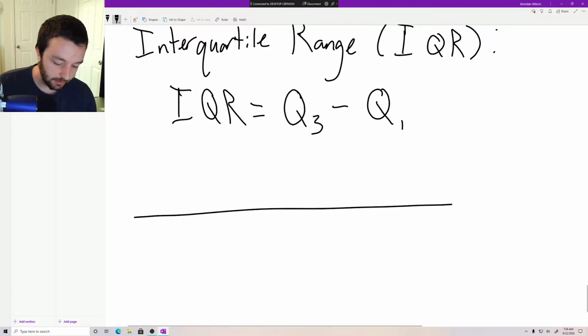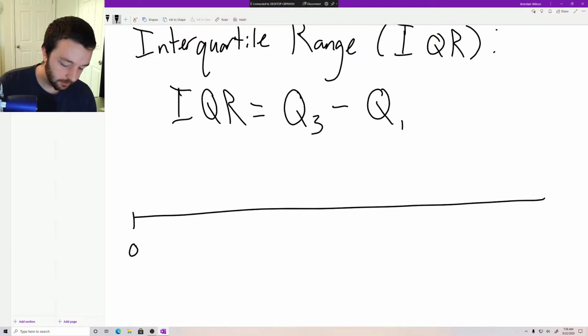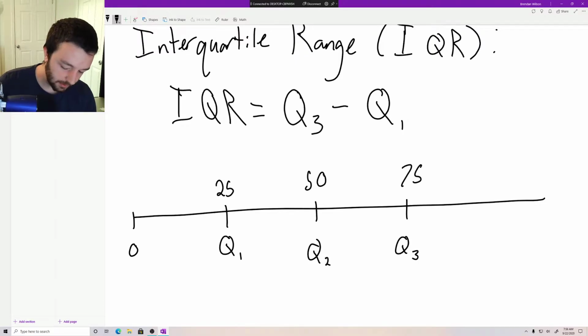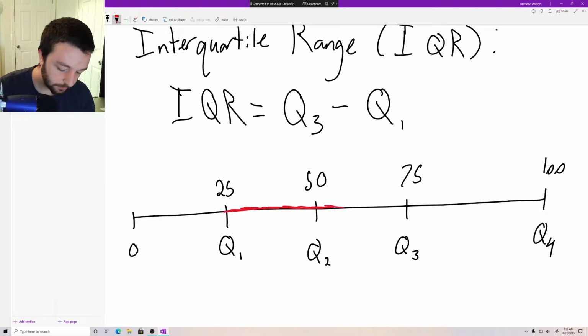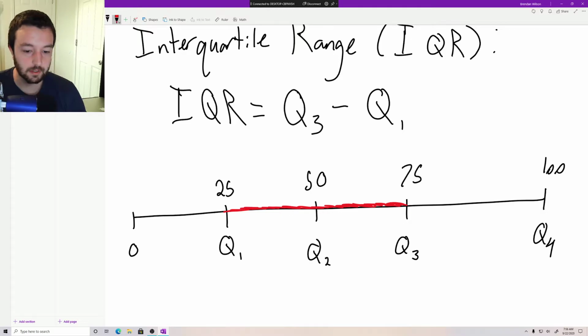So if we have our data, right, here's where we start. Here's Q1, the 25th percentile. Here's Q2, the 50th percentile. Here's Q3, the 75th percentile. And here's Q4, the 100th percentile. Then the IQR is this part. Okay. So right in the middle here, because this is usually the data we're most interested in, the data that's closest to the center, right?